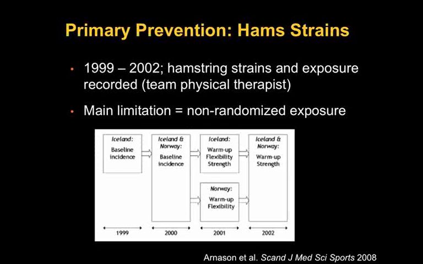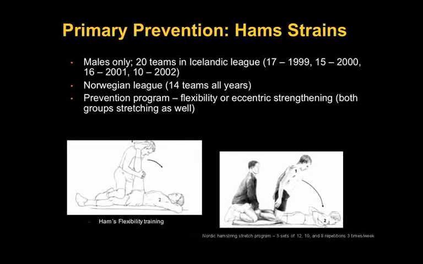Another study looking at hamstring strains, looking at participants from 1999 to 2002, with the exposure recorded by the team physical therapist at that time. And there were a lot of limitations of this particular study, mainly that it had non-randomized exposures.